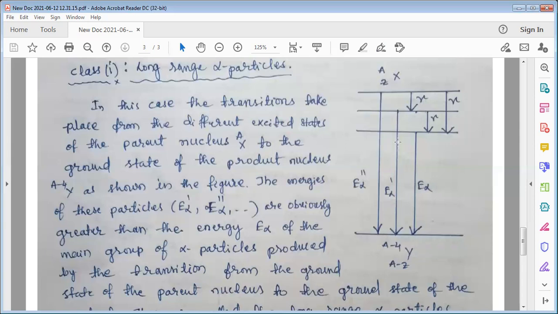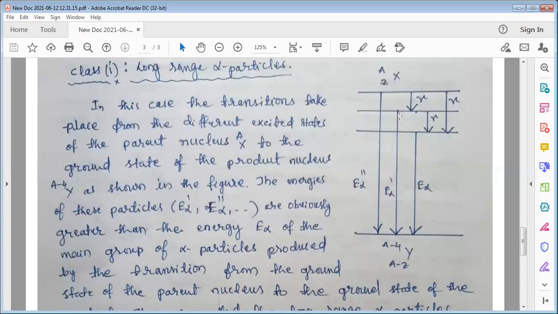For example, this particular transition is taking place from the highest excited state of the parent nucleus to the ground state of the product nucleus. So the energy difference is high, and obviously the energy of the alpha particles emitted because of these transitions will be more.